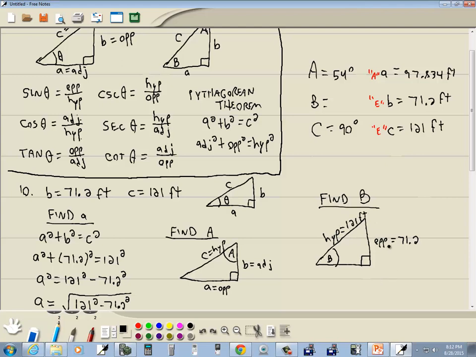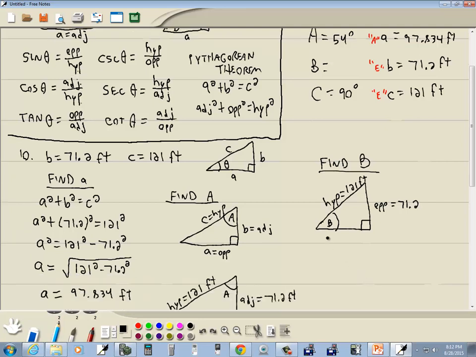So we're looking for a formula dealing with opposite and hypotenuse. Well, here's an opposite over hypotenuse, so we're going to work with sine. So we got sine theta, though I don't want theta, do I? Because what's my angle? B. So sine B is equal to opposite over hypotenuse.